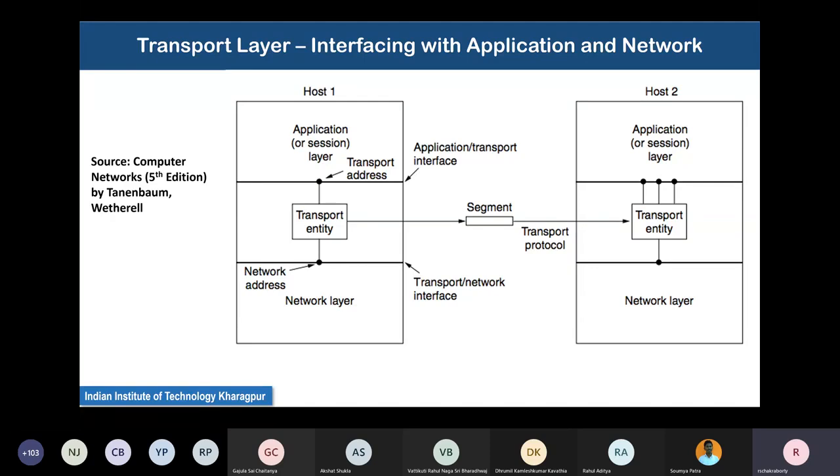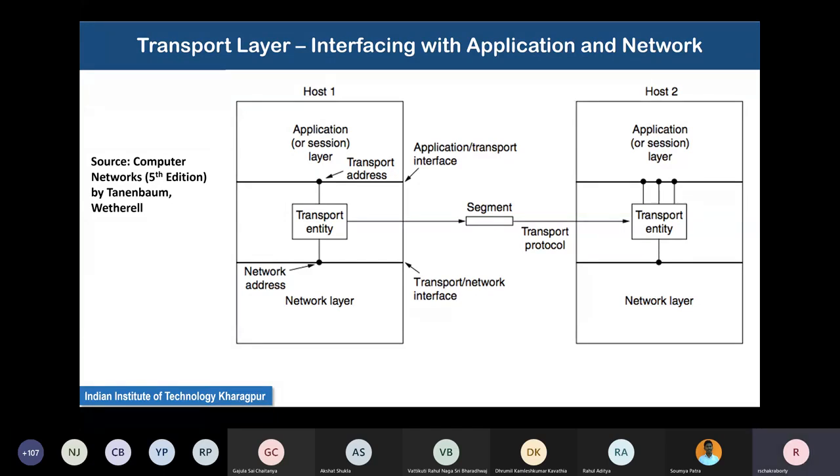The two transport entities are basically two processes which communicate with each other via TCP, which is the protocol that we will primarily study. It can be some other protocol also. Primarily two are popular, TCP and UDP, but TCP is what we will primarily study because UDP, we will find later on, is just a very simplified version.